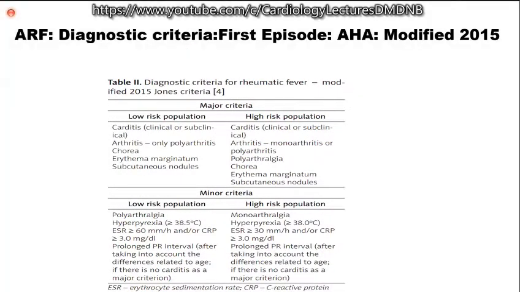So the major difference is in the joint manifestations: even monoarthritis and polyarthralgia are considered major criteria in the high risk population, while in the low risk population it has to be polyarthritis. Then subclinical carditis has been brought into the diagnostic criteria of acute rheumatic fever, both in the high risk population as well as in the low risk population.